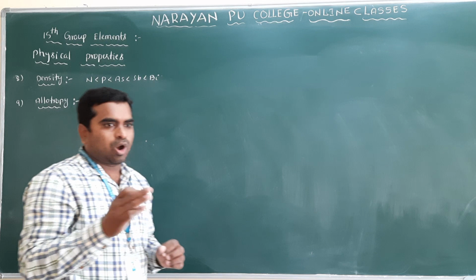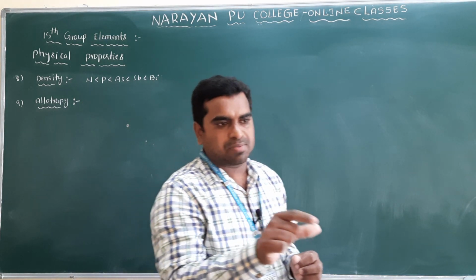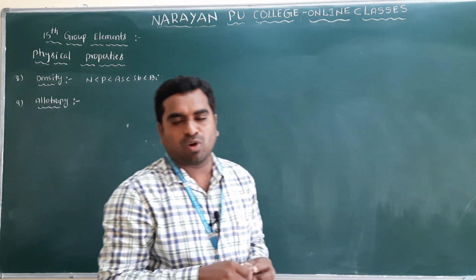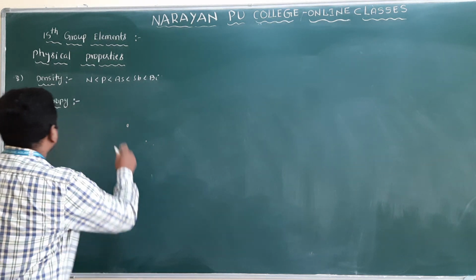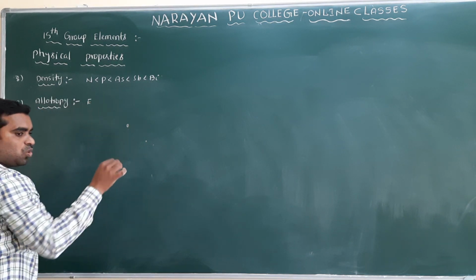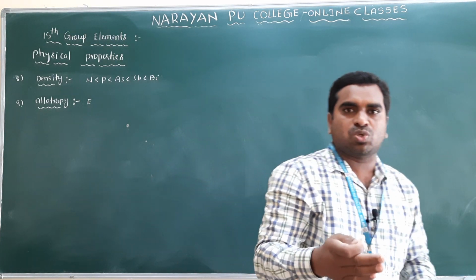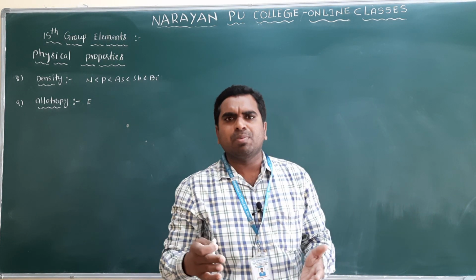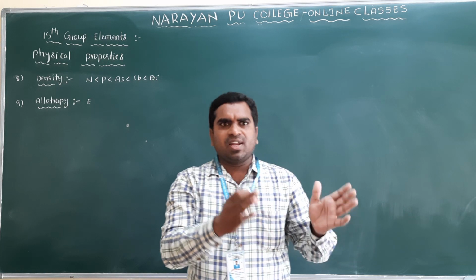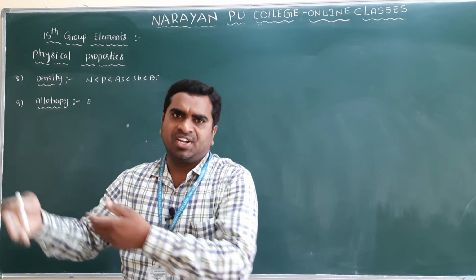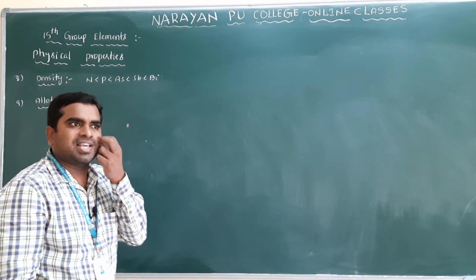But if they ask in a competitive examination, you have to choose the option nitrogen, because we have to follow the NCERT textbook. So here, except nitrogen and bismuth, the remaining elements show allotropy. Allotropy means one element is available in different physical states.